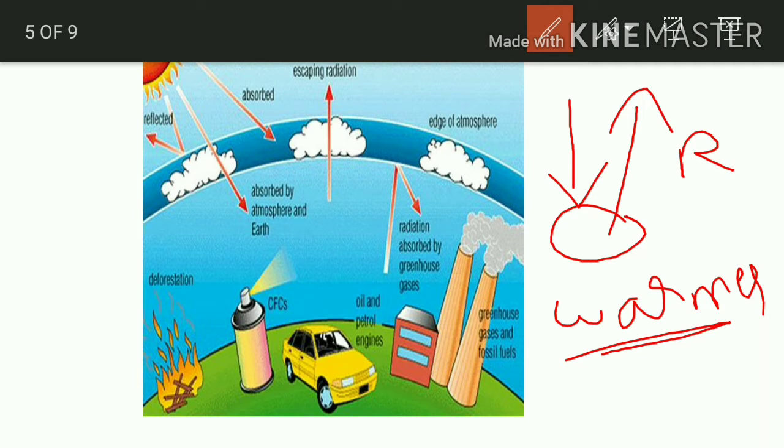All these things reduce the gases present on the earth's surface and the greenhouse gases automatically come down. Once they come down, the amount of carbon dioxide on the earth's surface will be more, so that it absorbs the solar radiation and the warming takes place.